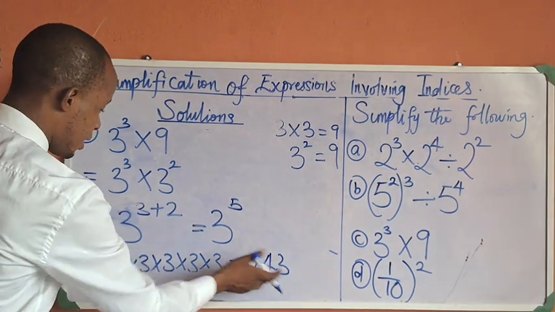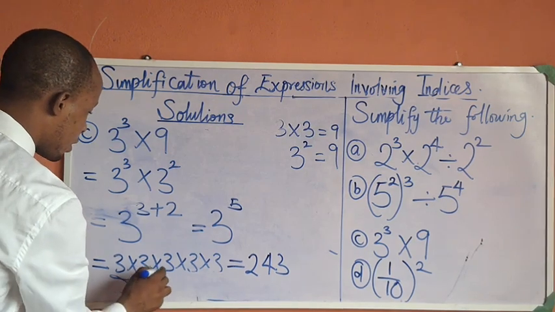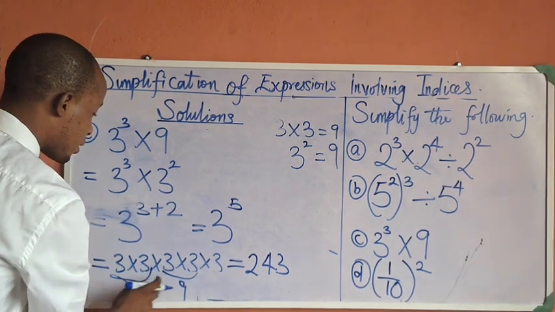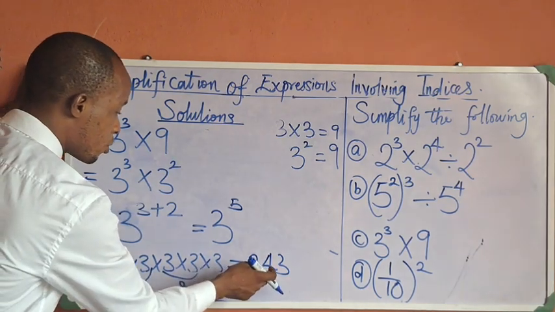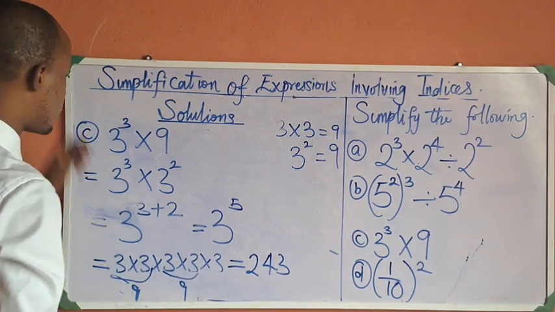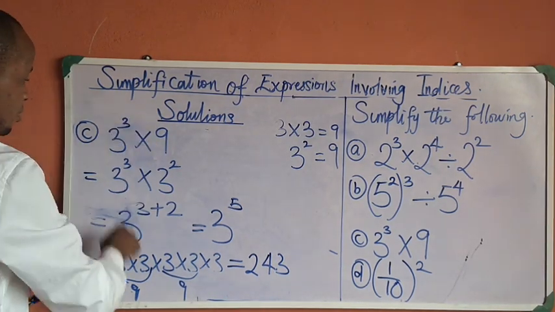How did I get that? 3 times 3 is 9. 9 times 9 is 81. Then 81 multiplied by 3 gives me 243. So 3 raised to power 3 multiplied by 9, the answer to it is 243.